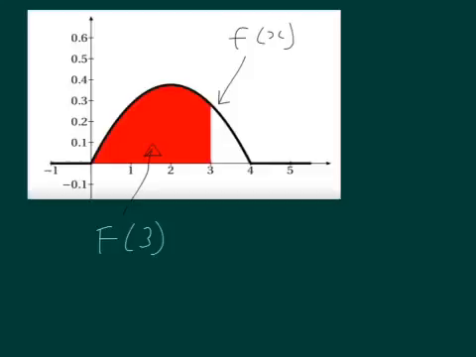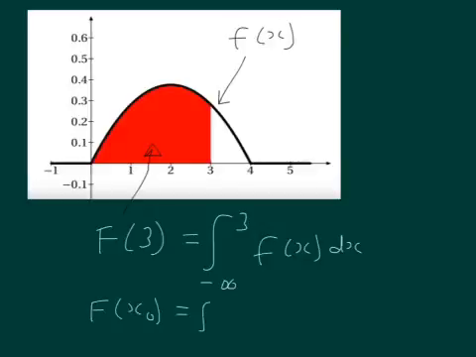And to calculate areas, we need to use integration. So it's equal to the integral from minus infinity up to 3 of f of x dx. Of course, it's not always 3, it's just 3 in this case, so the general way of writing this is, if the input is x naught, the integral from minus infinity to x naught of f of x dx.